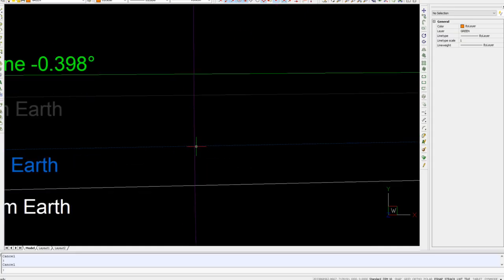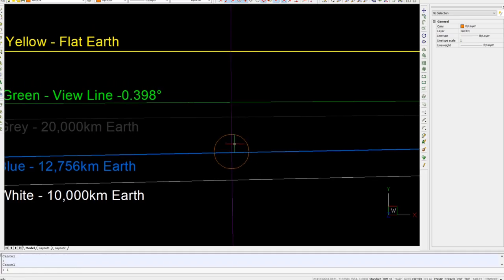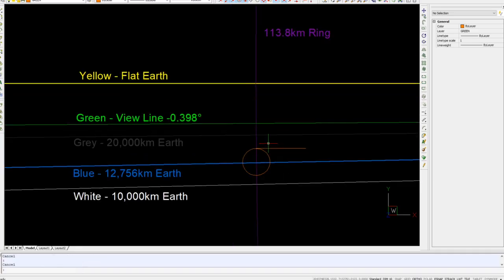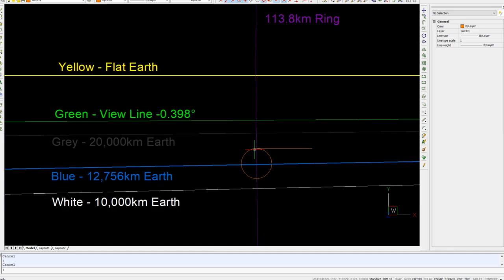This blue line here is sea level. So if I put a ring here of 175, that's supposed to be ground level right there. So it's certainly a lot closer to the green line than the flat Earth negative angle is. Because we're looking below flat Earth here, but it's certainly not going quite down to here. So, I don't know, to be honest.